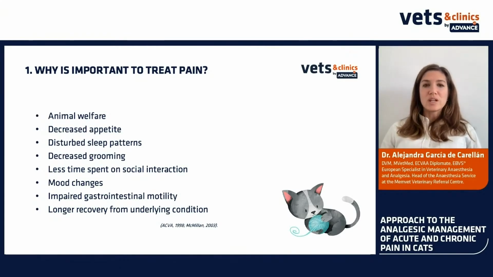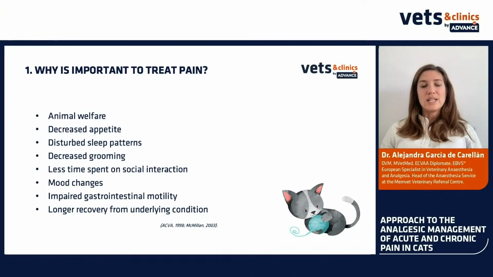Especially in acute pain, we can have impaired gastrointestinal motility, and this is also important, and is also related to decreased appetite in these patients with acute pain. And this is something to look after, because when we want to send a patient home after hospitalization and surgery, we need to ensure that they are eating and drinking normally, their gastrointestinal motility is okay, and all of this.